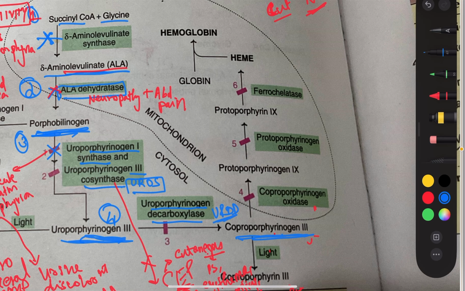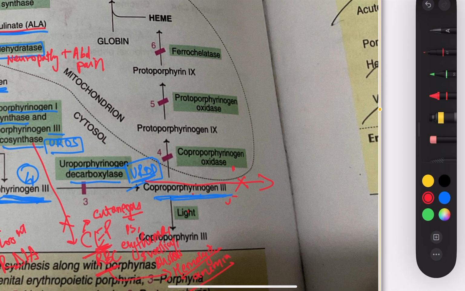Okay, we had UROS, now we're looking at UROD. Now, if this step has an issue, again, it's in the cytosol. If this step has an issue, we are looking at a condition called UROD deficiency. But the condition is called porphyria cutanea tarda, PCT.